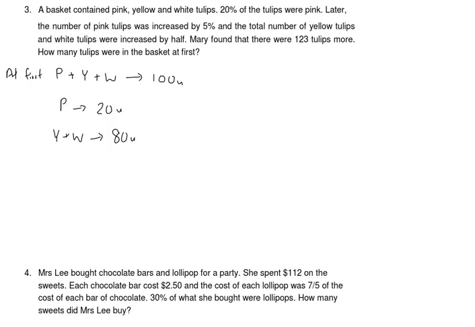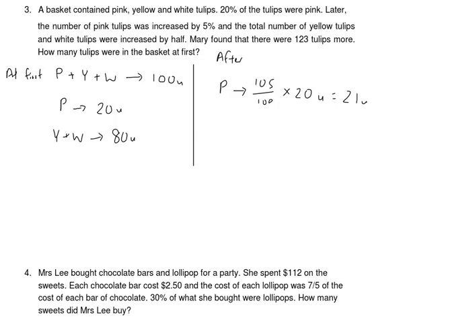Let's look at later. Now I'm looking at my after. My pink tulips increased by 5%. That means 105 over 100 multiplied by 20 units, right? And that will give me 21 units. So far? Increased by 5%. And the total number of yellow tulips and white tulips were increased by half.